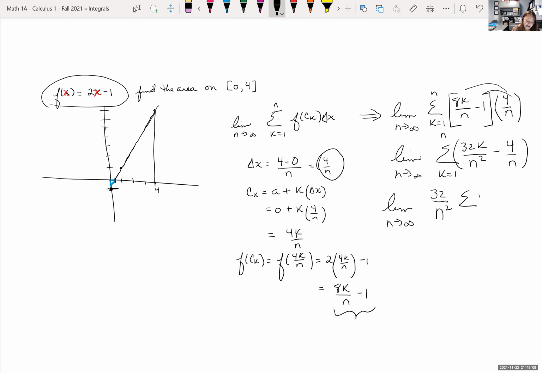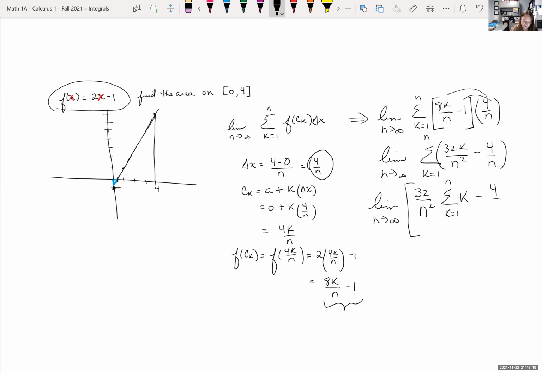And that would just give us k. Minus, so for that second term, basically we could pull 4 over n out. Summation of 1, if you want to look at it that way, from k equals 1 to n.